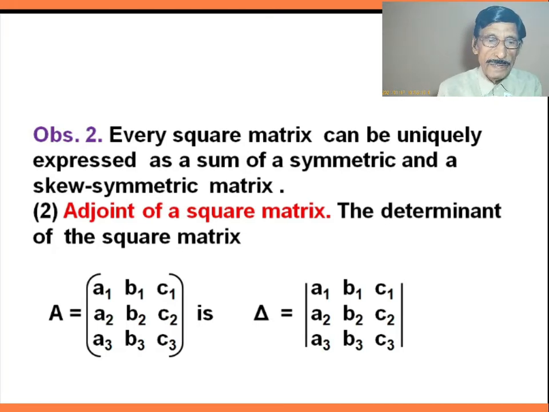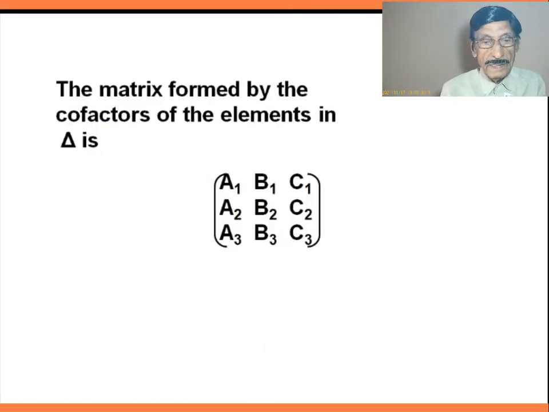The matrix formed by the cofactors of the elements in the determinant is shown. This is the matrix formed by the cofactors. A1 is the cofactor of the first element a1, and similarly there are other cofactors. Then the transpose of this matrix.